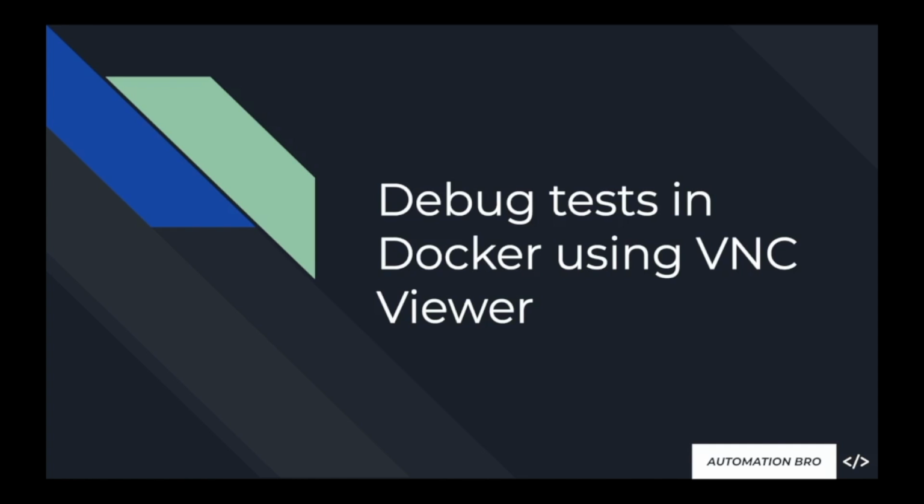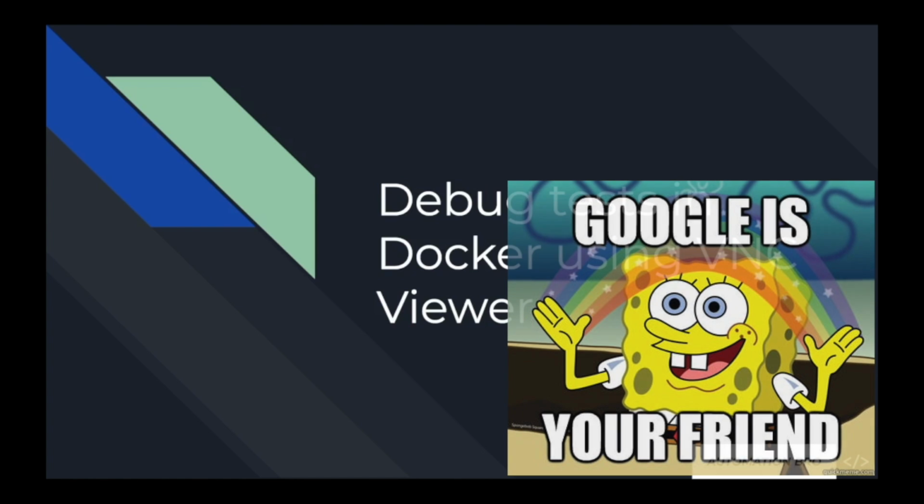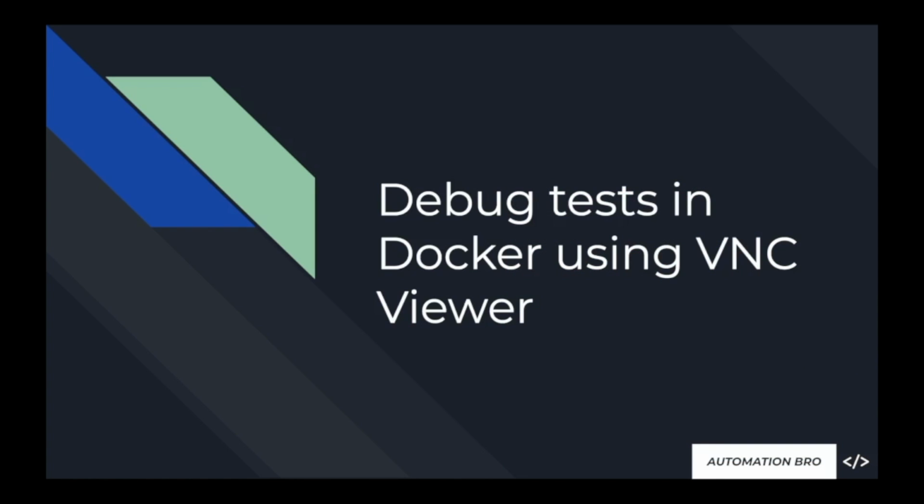So after spending some time on Google, I finally figured out that I can use some Docker images which will help me to see my tests running inside VNC Viewer. So the overall goal of this video is not to just show you how you can set up VNC Viewer, but also to understand that the reason we are doing that is so that if the tests are failing in your Docker container, you should be able to figure that out by setting up VNC Viewer and integrating that with Docker so that you can easily debug your test.